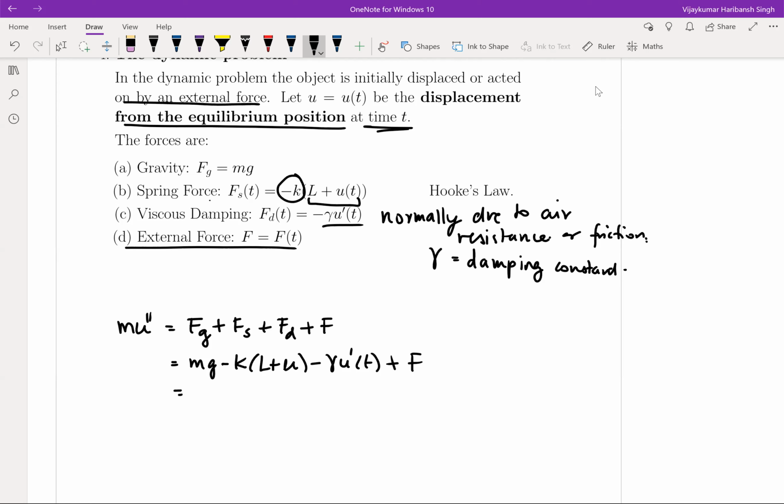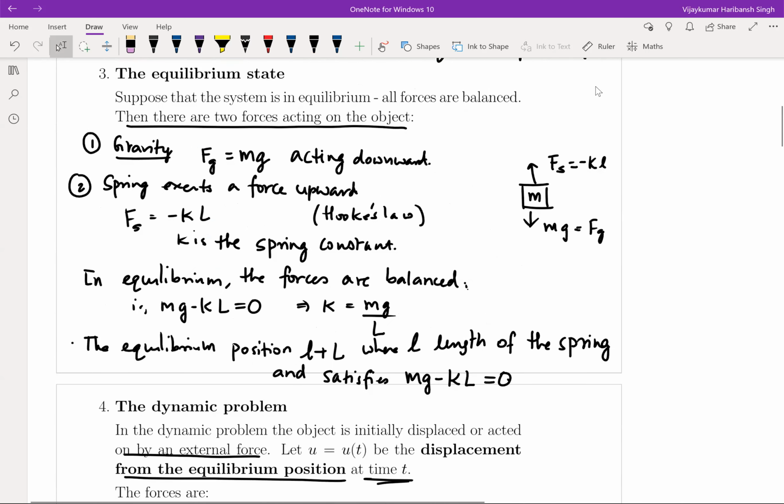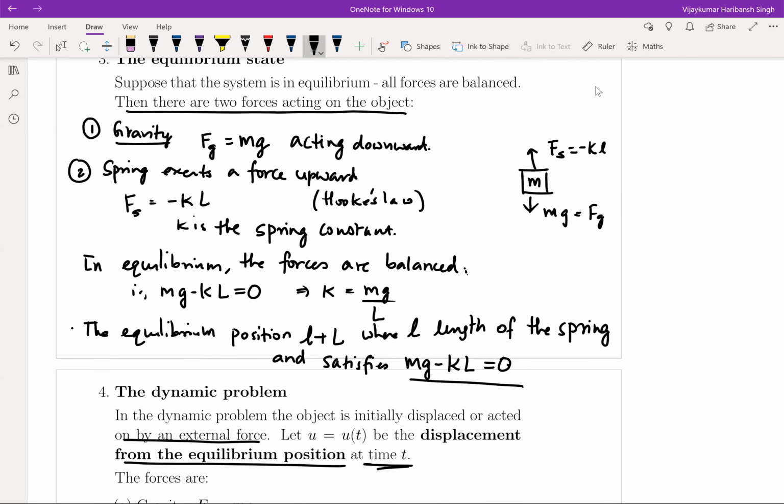Now, if you organize this, you get mg minus kL minus k u minus gamma u'(t) plus F. Sorry, the damping constant is called gamma. Now, if I reorganize it, mg minus kL is 0, because of the equilibrium position.